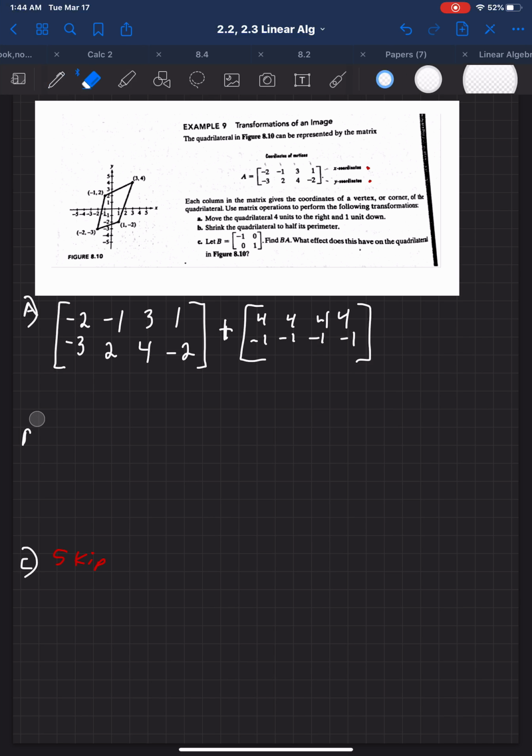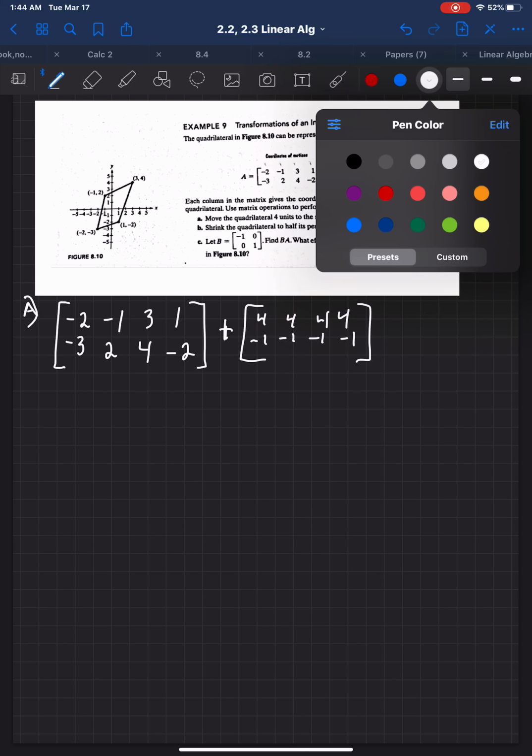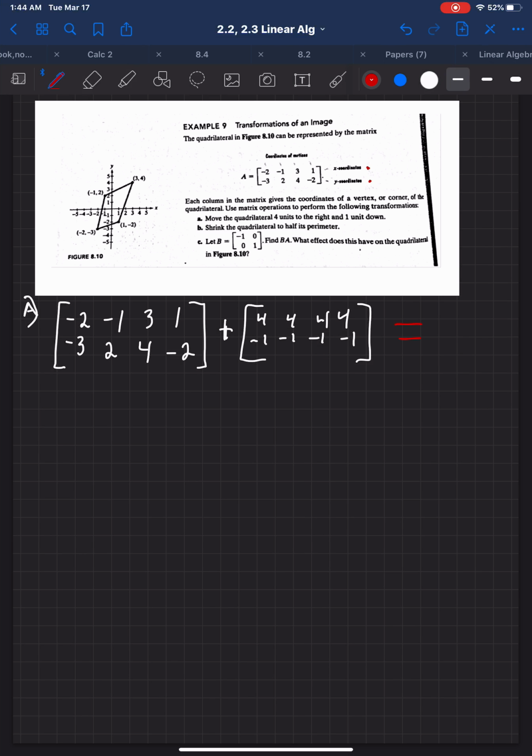All right, so I'm not going to go through and regraph, but the result would be 2, -4, 3, 1, 7, 3, 5, -3.